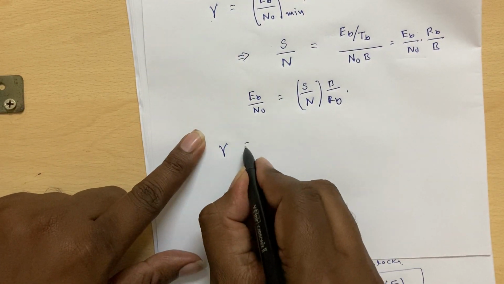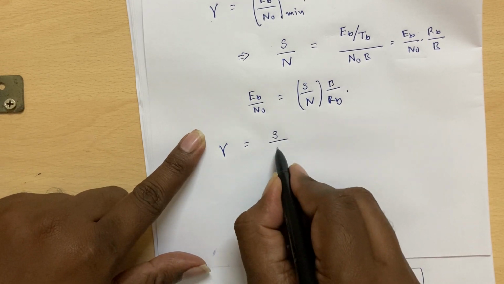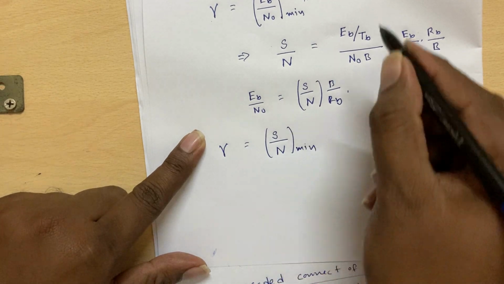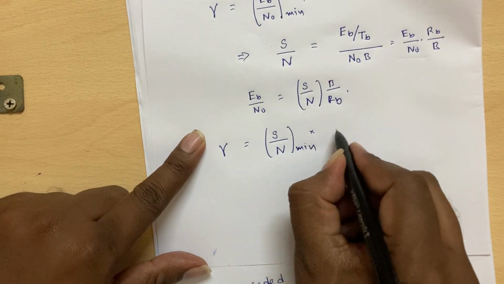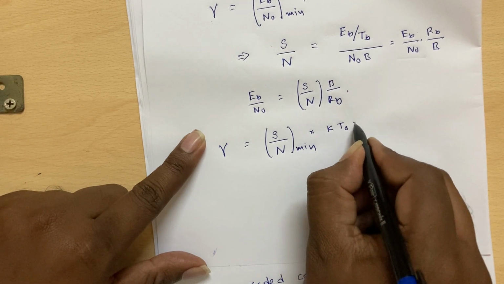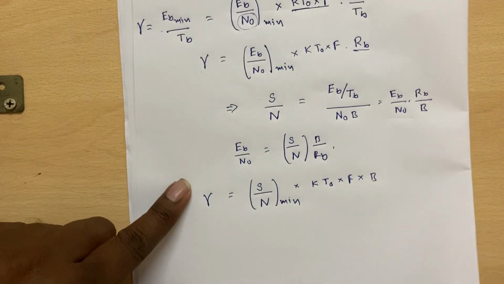So if you substitute this there, then you will get what? Receiver sensitivity in terms of signal to noise ratio, S by N minimum, RB will cancel. Now it will be proportional to the bandwidth, K T naught into F into B. If you want, you can also convert into dBs.